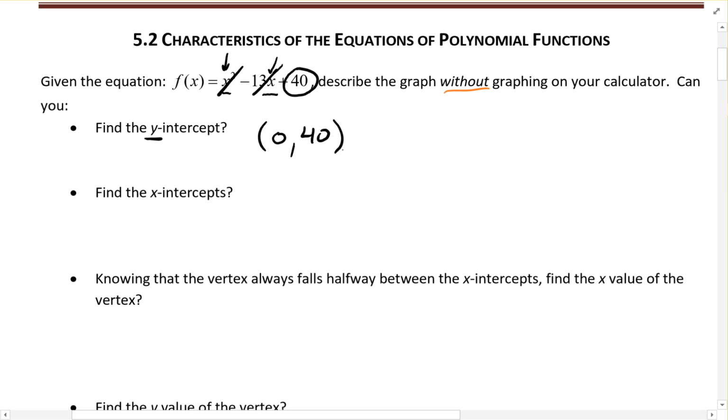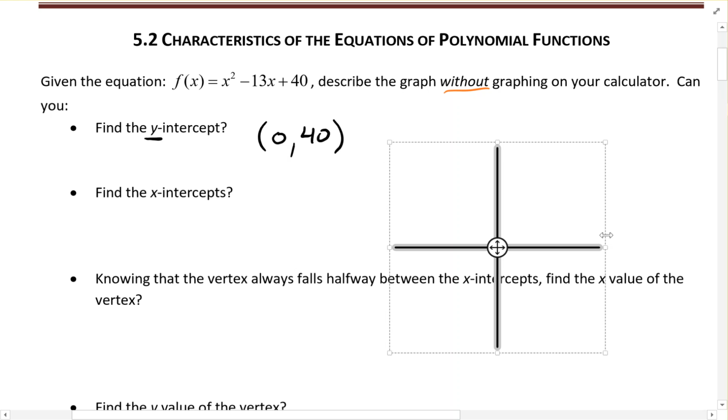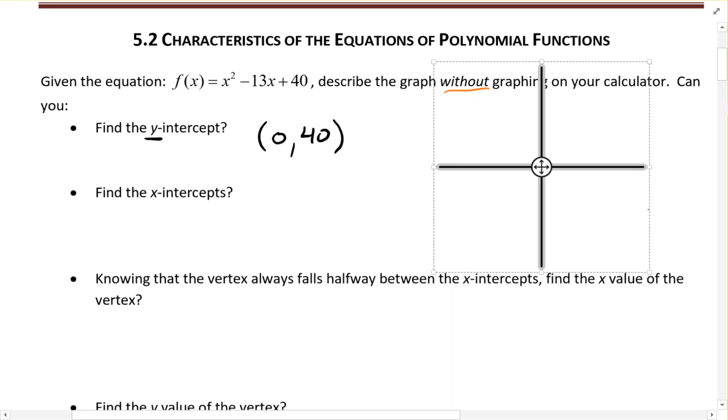Okay, find the x-intercepts. This one we got to do a little bit more work. So now if I had my little grid there, let's say I had something like that, and I want to know what the x-intercepts were. Well, now y is going to be equal to 0. It's the flip, right?